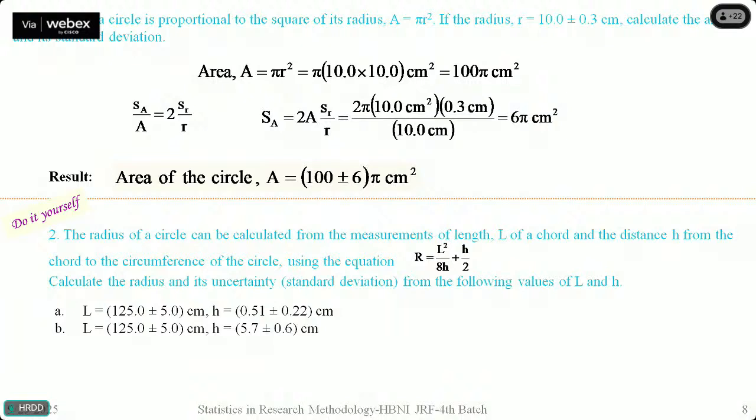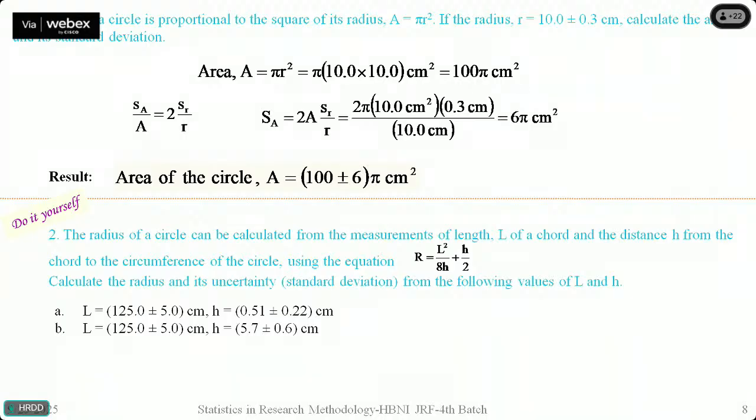You have to make it relative, the relative uncertainties, and then propagate it. 5 divided by 125, that will be the relative uncertainty in L. Did you understand? Then relative variances are additive. Square the relative uncertainty, that is the relative variance.